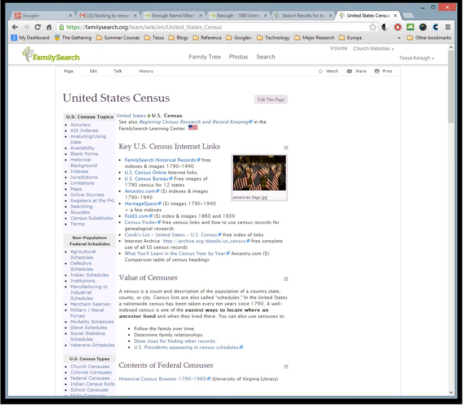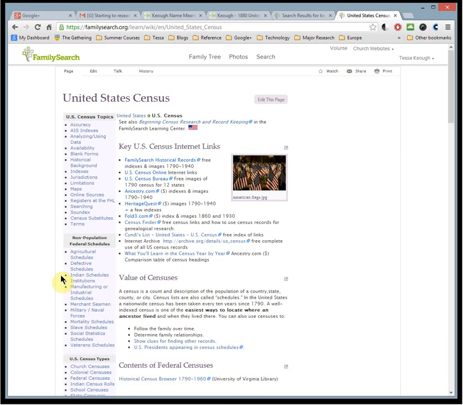There were different types of schedules in addition to the population schedule. The agricultural schedule, what's entitled the defective schedules, Indian schedules, because Indians they were not citizens of the United States. They had their own citizenship, so that would have been maintained separately.